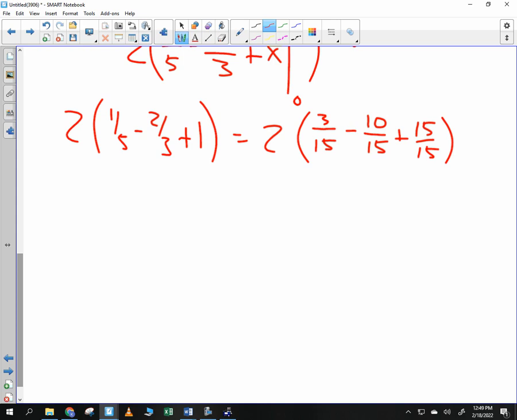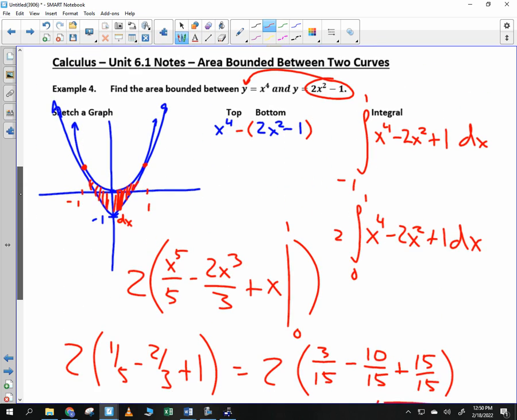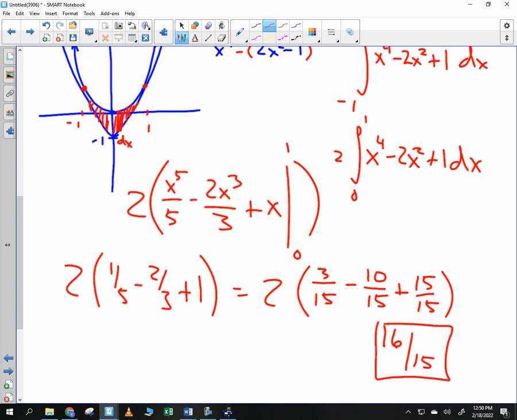And as we combine our fractions, 3 minus 10 is -7. -7 plus 15 is 8 times 2 is 16/15. That's the exact area bounded between those two functions. It's kind of cool. Complicated problem, we make it simple.